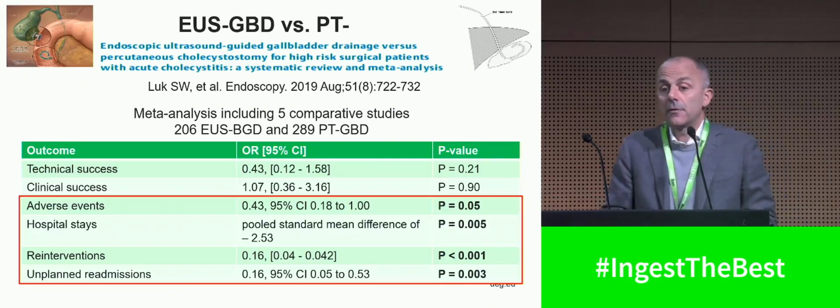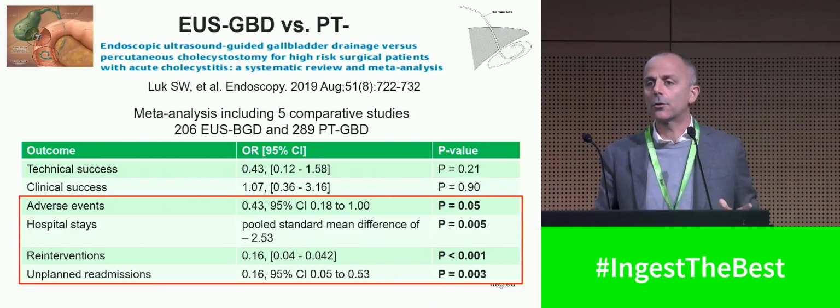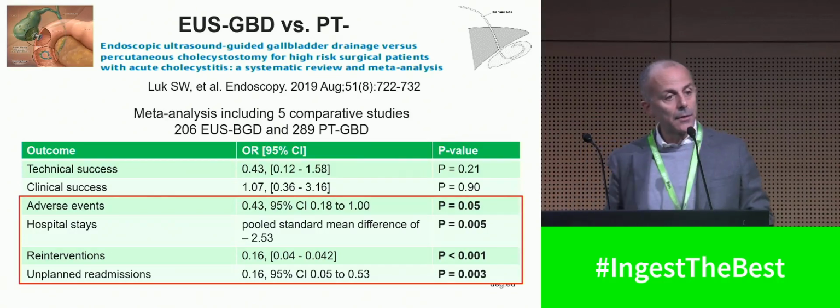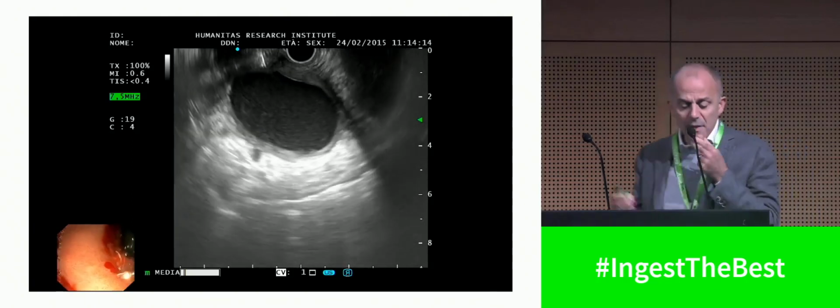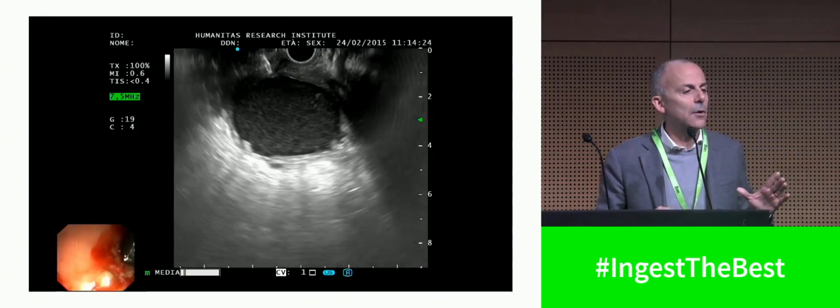And this is mainly due to the fact that percutaneous drainage has a lot of problems: pain for the patients, occlusion, misdeployment. This is how we can drain the gallbladder by EUS just now.